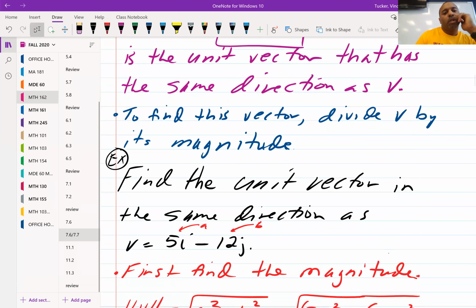All right. So we're looking to find a unit vector in the same direction as vector v. Well, v is equal to 5i plus minus 12j.